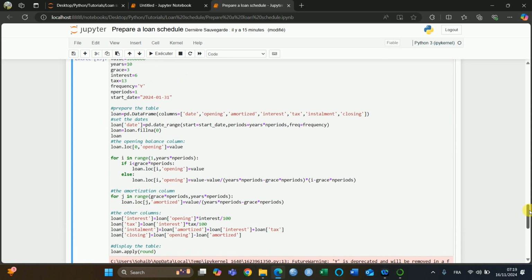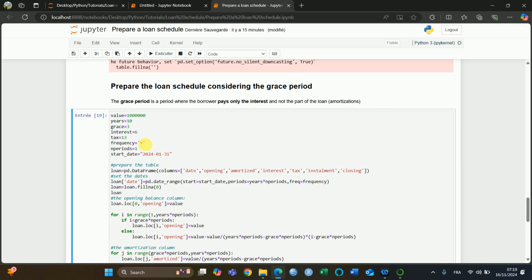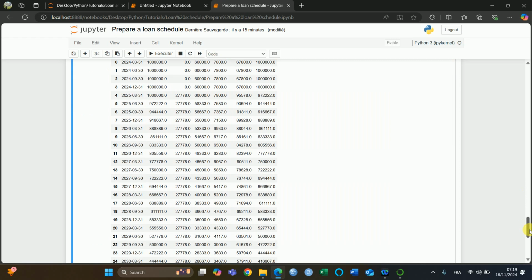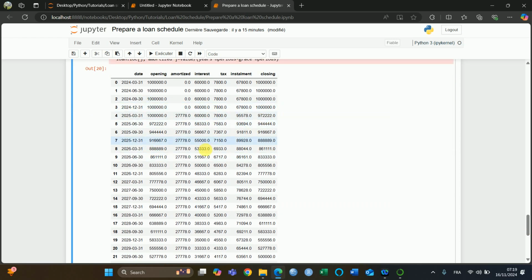Same thing if it was a quarterly frequency with 1 year grace period and 4 periods per frequency, and we'll be getting the updated loan schedule. So this is how we prepare and automate a loan schedule by adding the new variable grace period.